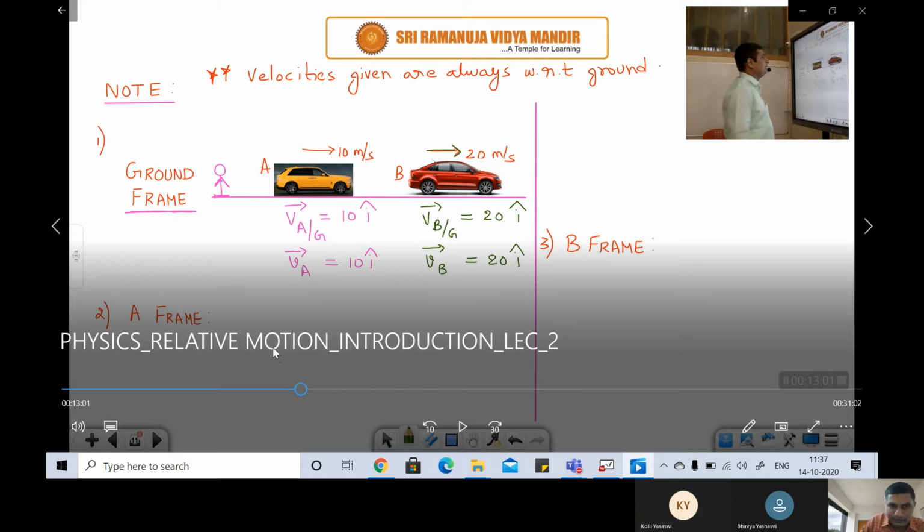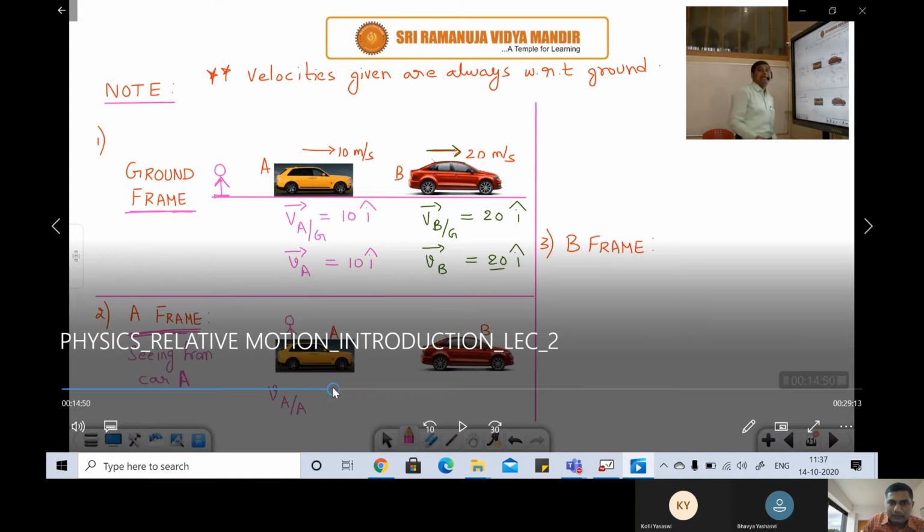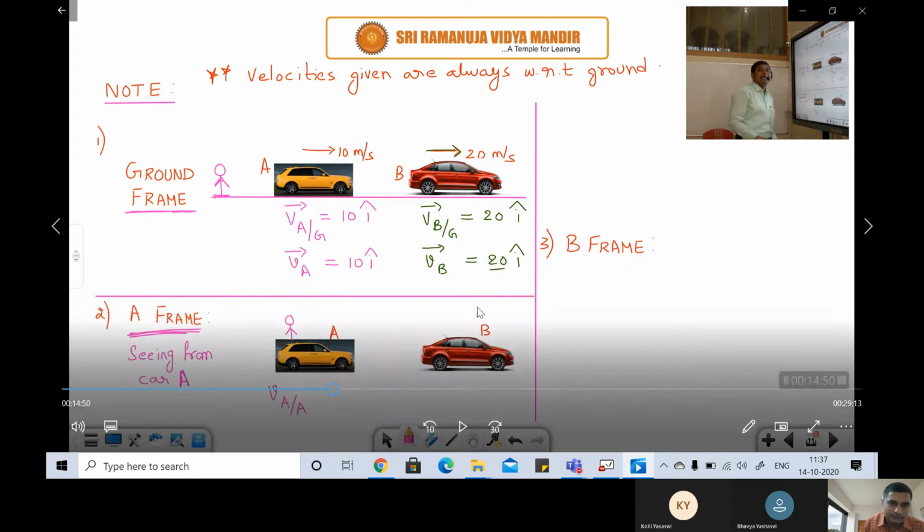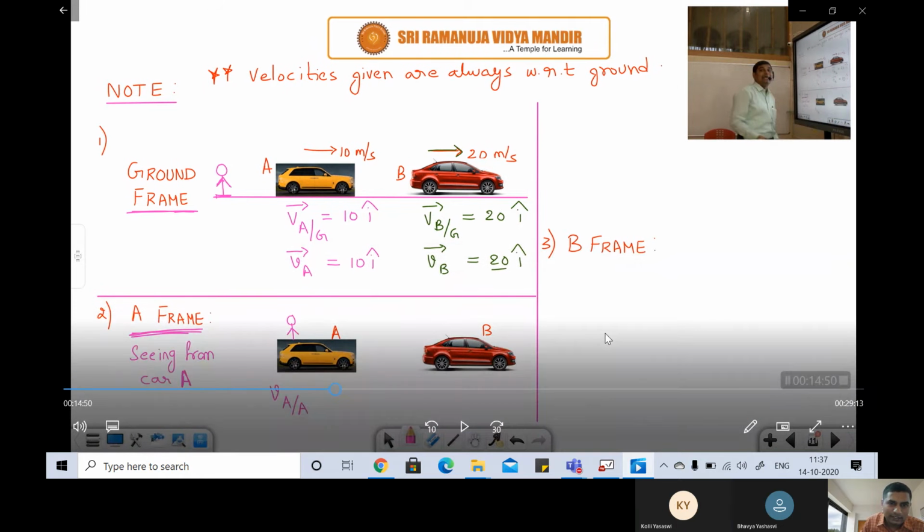Always. Okay. Next, let us solve from A frame. From A frame, that means you are seeing from A, correct? You are standing on A. Now, what is the velocity of A with respect to A? Formula?